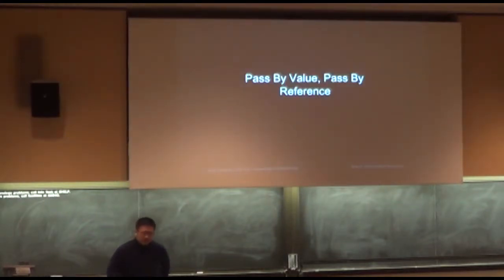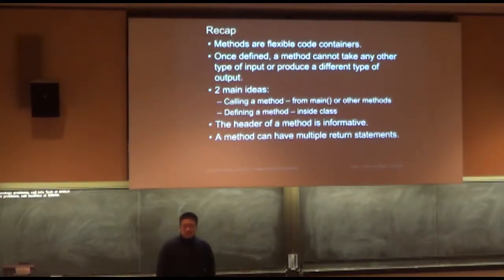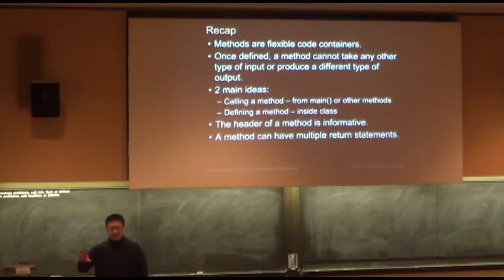Okay, so what we're going to talk about is pass by value and pass by reference with regard to methods. Methods are different from all the other containers that we've seen before. Methods have this kind of flexibility where you can write the method and have that code in this other container, and then you can call the method to get it to run wherever you need.